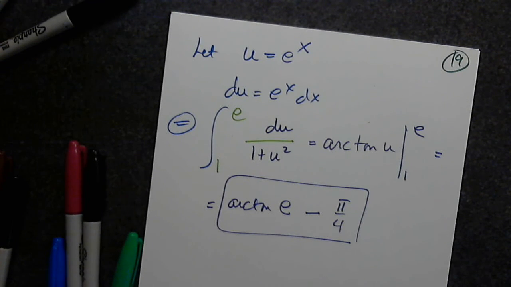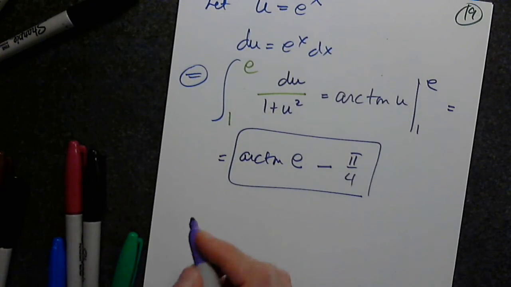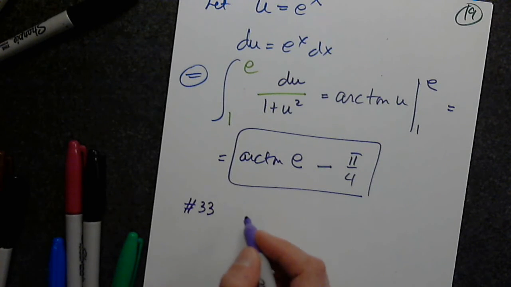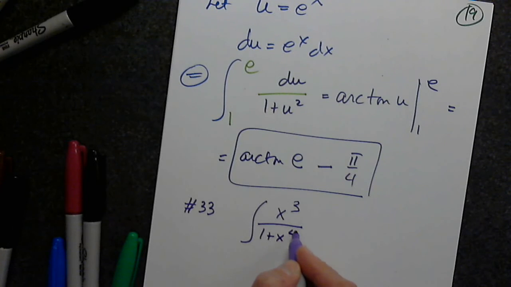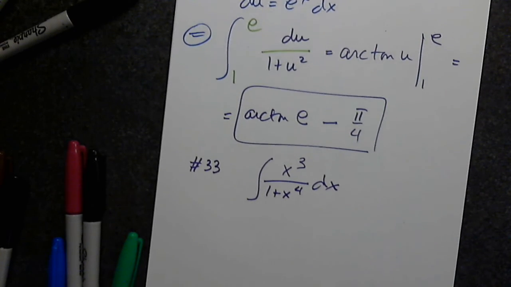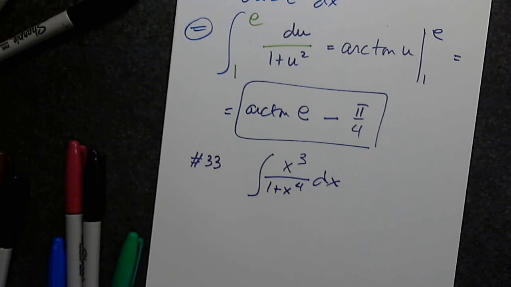Okay, 33. The integral of x to the third over 1 plus x to the fourth dx. Okay, any ideas?